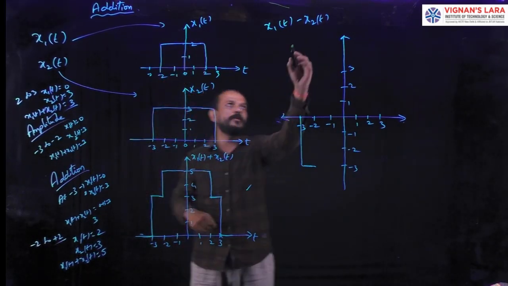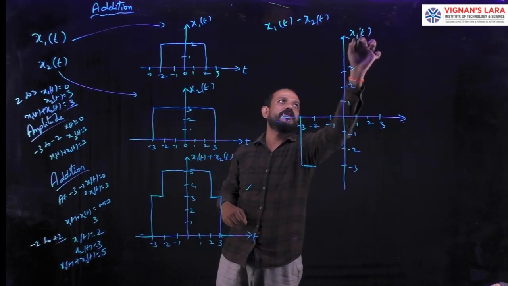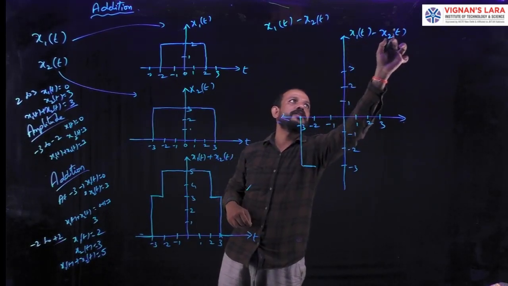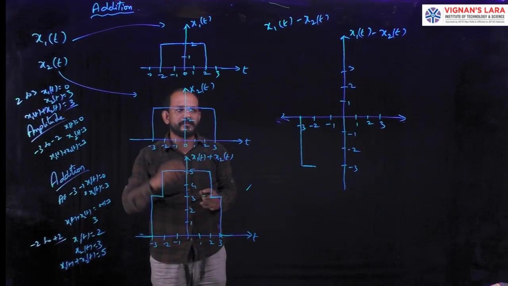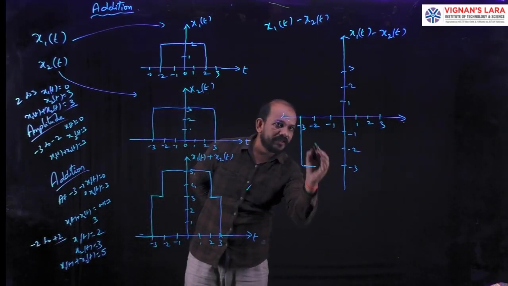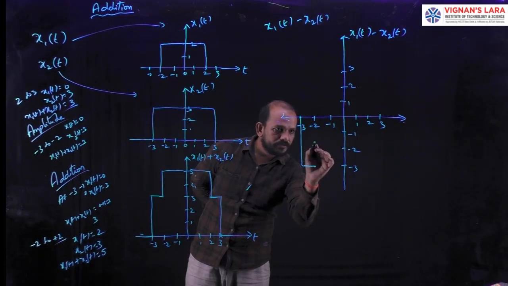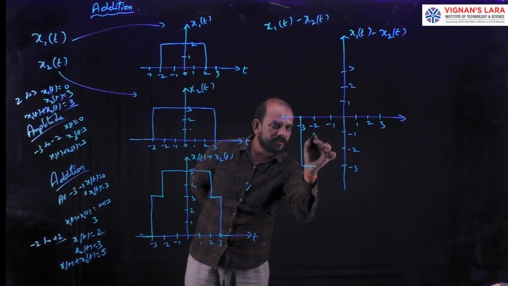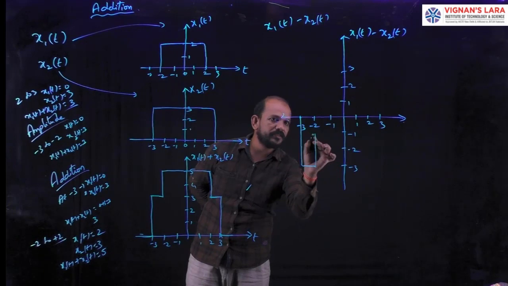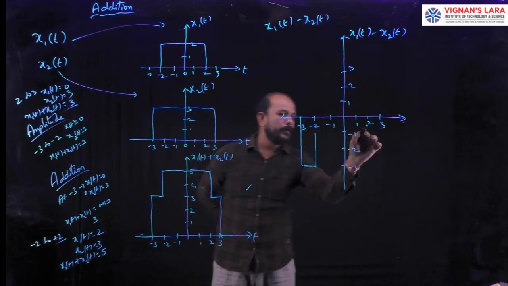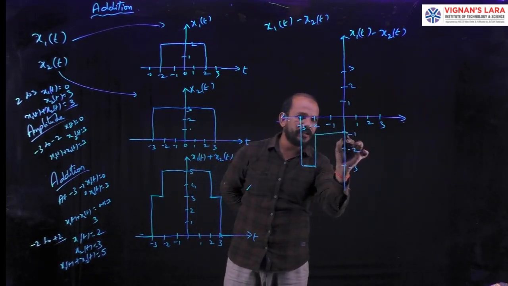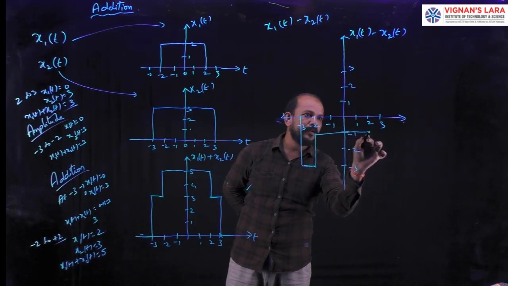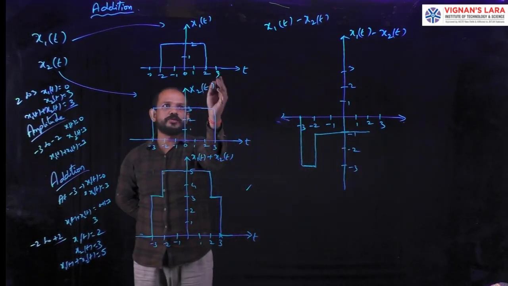Because I am performing the operation x1 of t minus x2 of t, simply 2 minus 3, that is minus 1. So from minus 2 to plus 2, the value is minus 1.